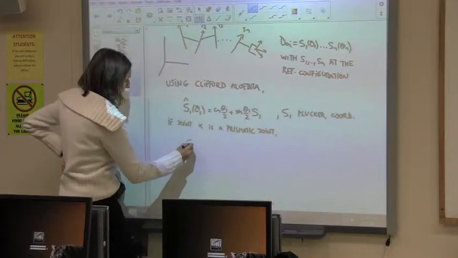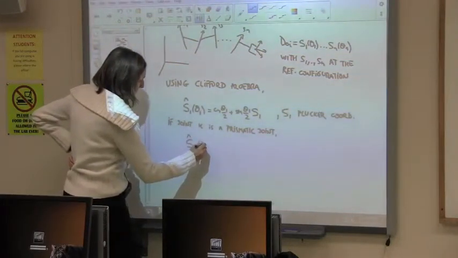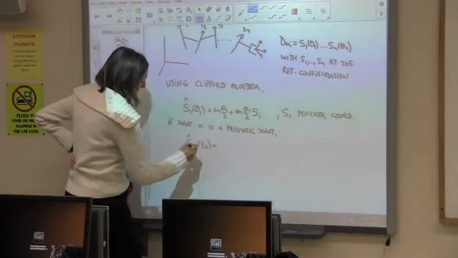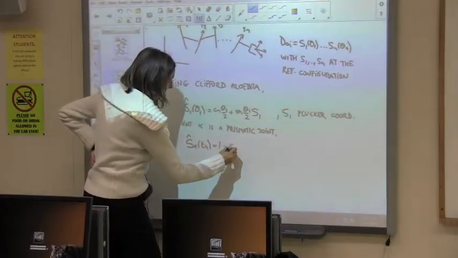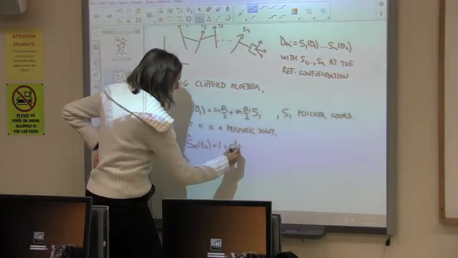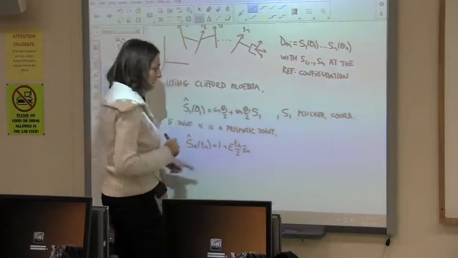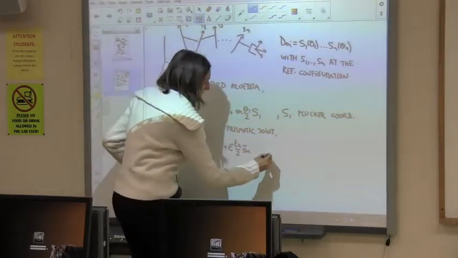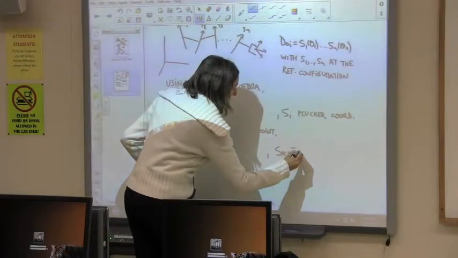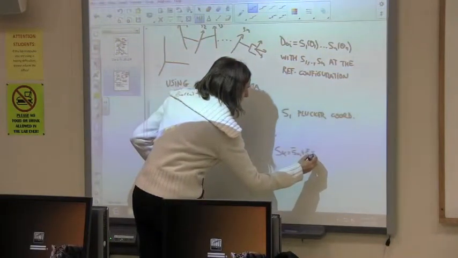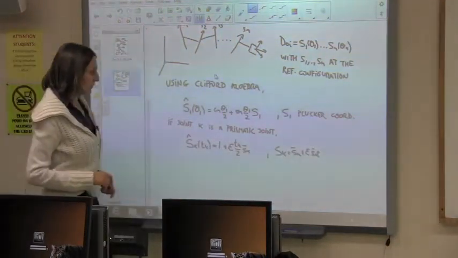Then SK of, let's say, TK will be equal to 1 plus epsilon TK divided by 2 SK, SK being the direction. SK equals SK, the direction of the joint, plus epsilon SK0, the Plucker coordinates of the joint.